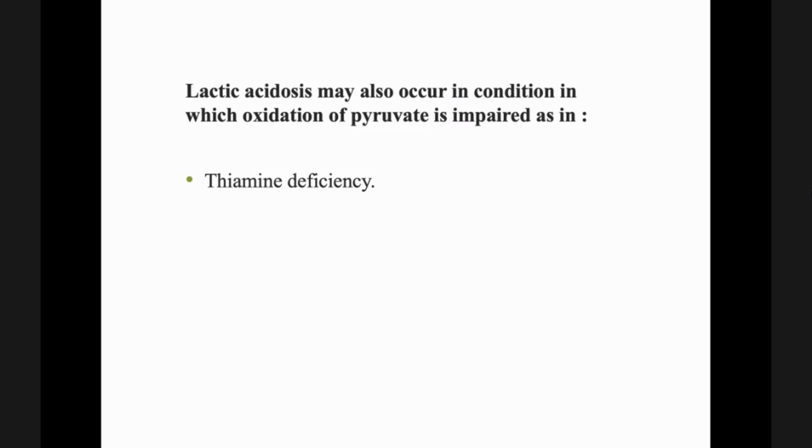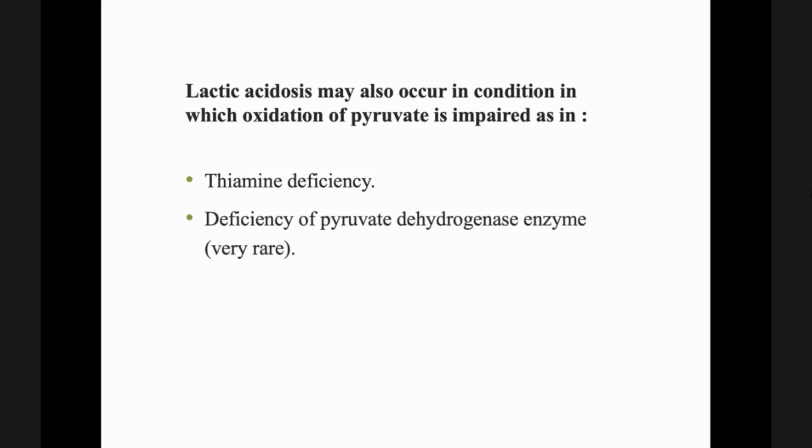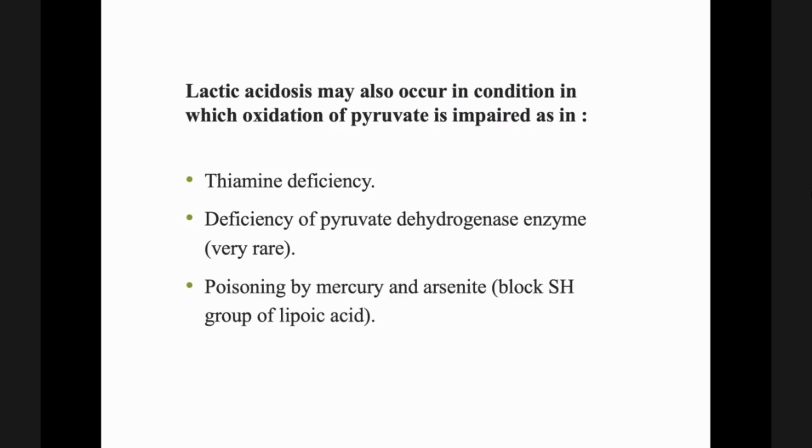So when there is an accumulation of pyruvate because of a deficiency in one of the cofactors or coenzymes, such as thiamine, a deficiency in the pyruvate dehydrogenase enzyme, and also poisoning by mercury or arsenic, this will block the SH group of the lipoic acid, which is also a regulator of the pyruvate to acetyl-CoA conversion reaction. If there is any problem with this, that will lead to an increase of lactic acidosis, or an increase in the production of lactic acid because of the accumulation of pyruvate. So the pyruvate cannot change to acetyl-CoA, so it accumulates in the cell, and the cell changes this pyruvate into lactate.